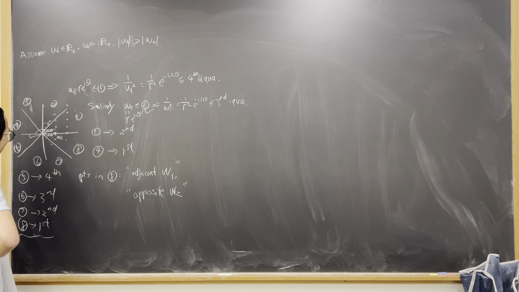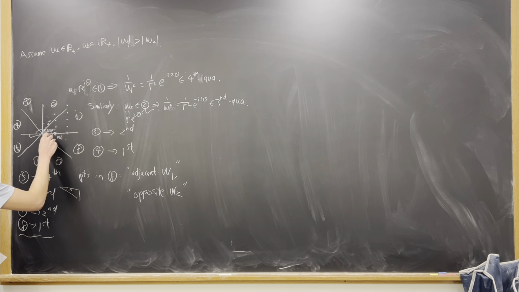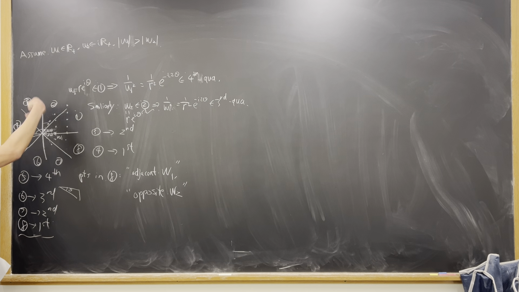But I think there should be a sign associated to this angle. Otherwise, the direction will be messed up, right? Because when you multiply by 2, this theta goes this way, but this theta goes that way. So there is a very essential difference between this theta and this theta.